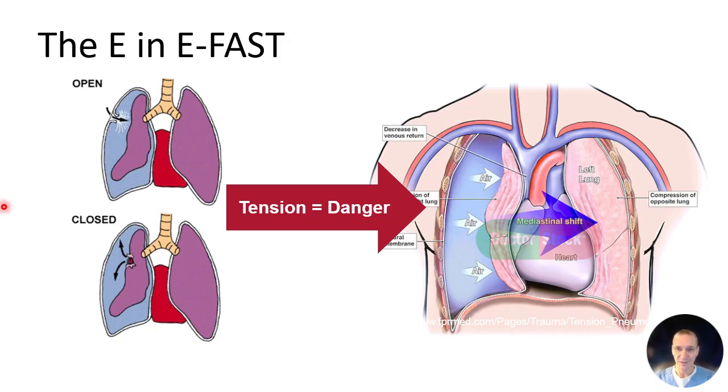And remember, tension can happen on either an open pneumothorax or a closed pneumothorax. So we have pressure, air, collapsing the lung and reducing preload by collapsing on the inferior and superior vena cava.